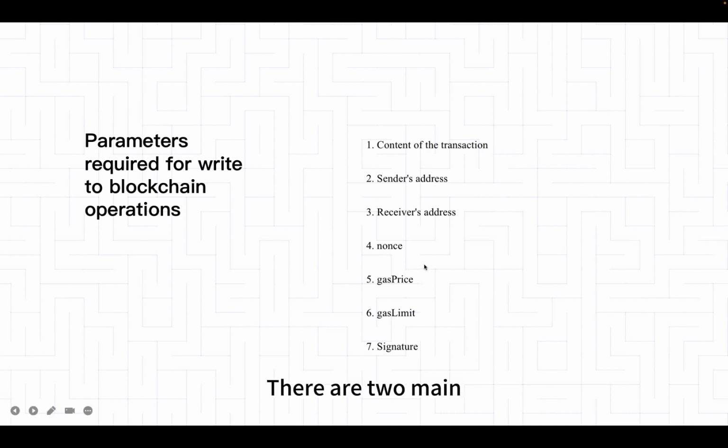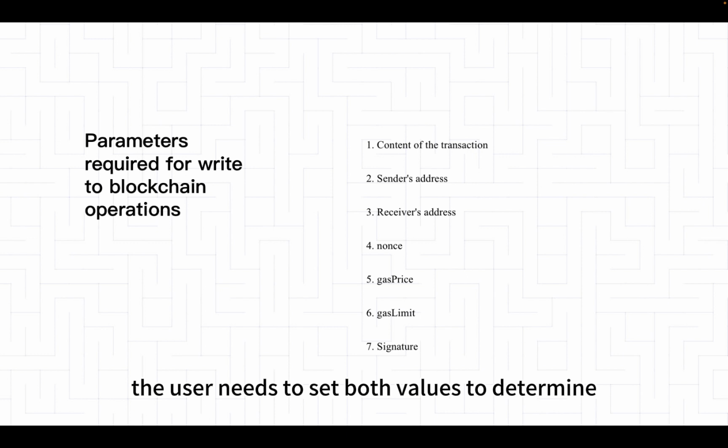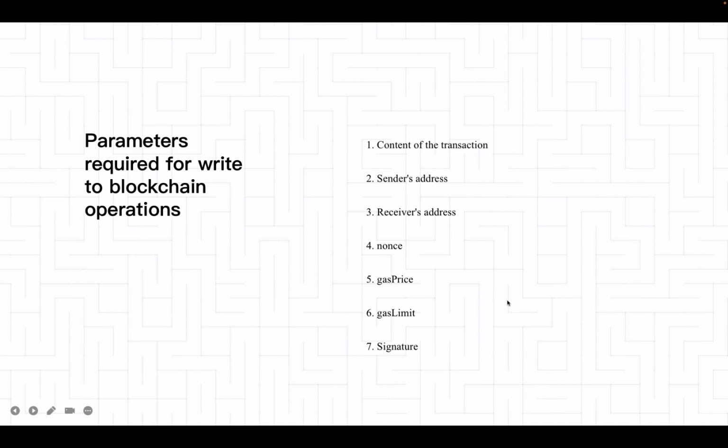There are two main factors related to the cost of a miner: gas price and gas limit. When sending a transaction, the user needs to set both values to determine the maximum gas fee, that is, the handling fee, that they are willing to pay.